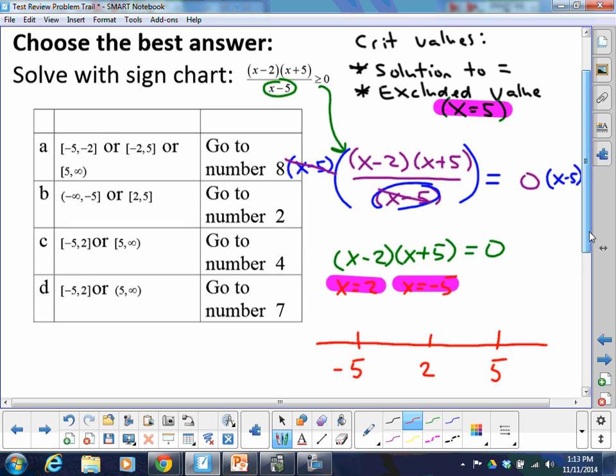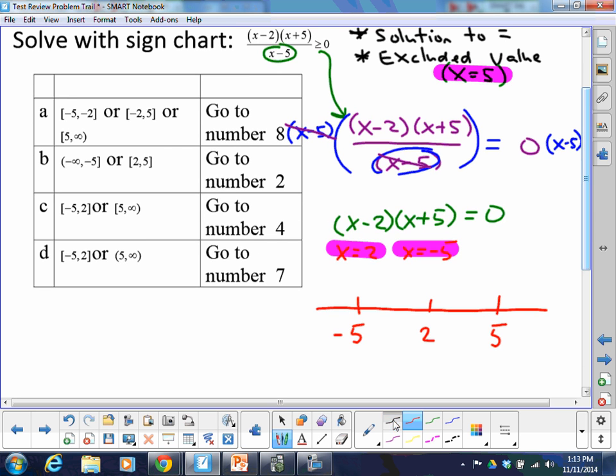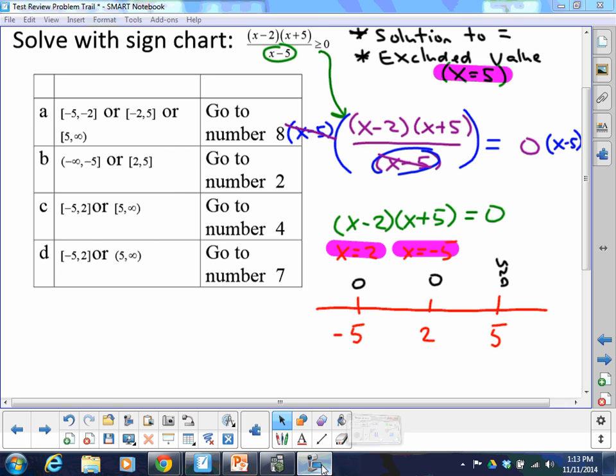Okay, and we know that at 2 and at negative 5, the function actually equals 0, but at positive 5, the function was actually undefined. Okay, and what we would do then is go to the graph or to the table. Okay, so why don't we punch that in real quick, and we will see, is the graph positive or negative in each of these intervals here. Okay, so let's do that real quick.